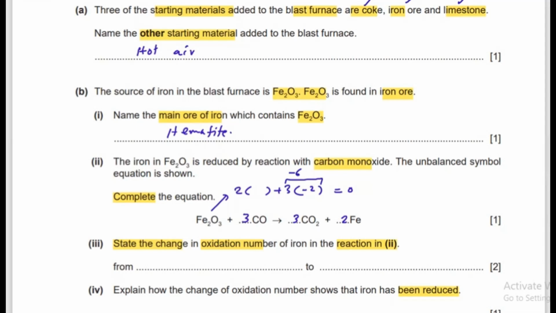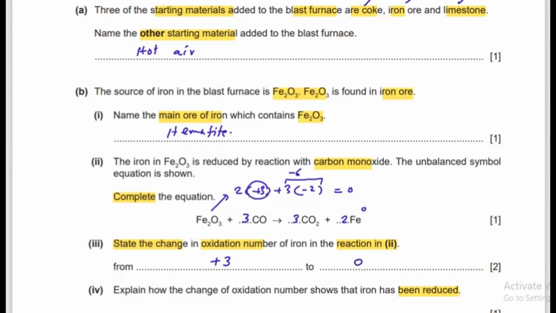And 2 should be multiplied with 3 to get +6. So +3 is the oxidation state of iron on the left-hand side. On the right-hand side, iron is uncombined. Uncombined elements have 0 oxidation state. So the change in oxidation state is from +3 to 0.